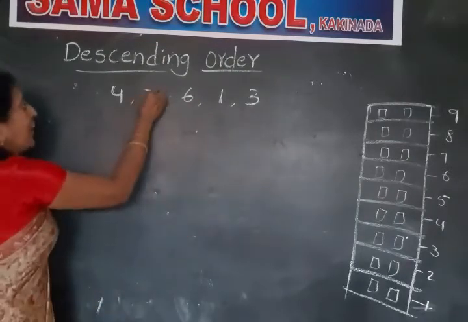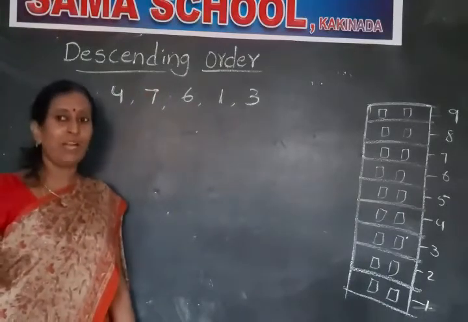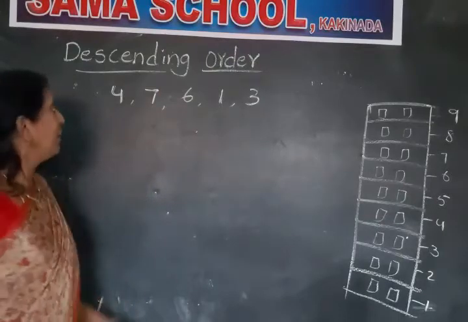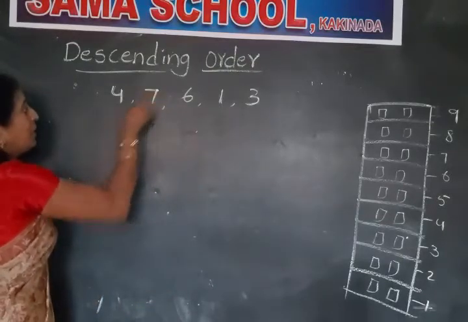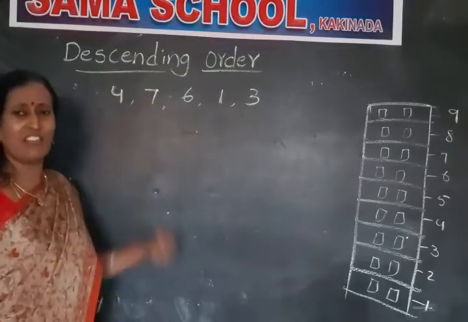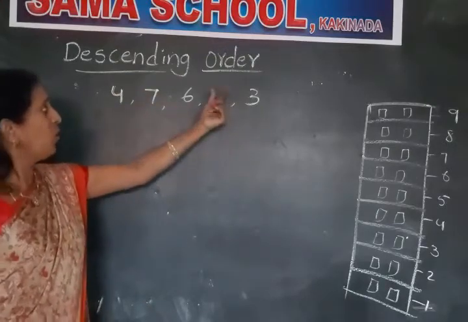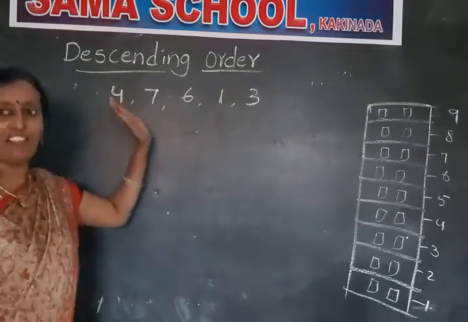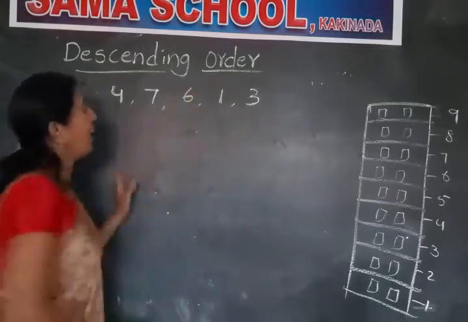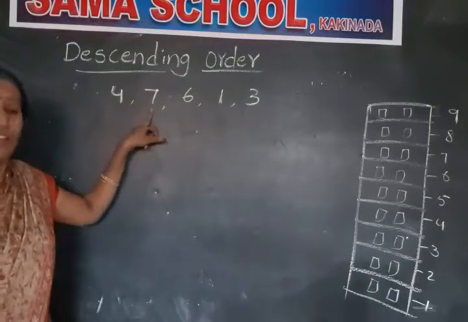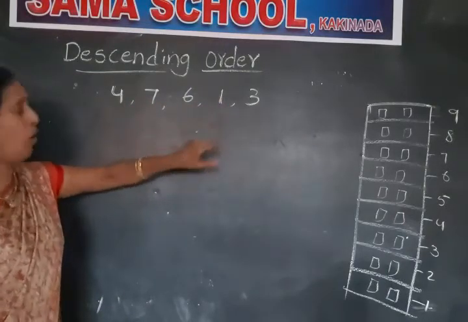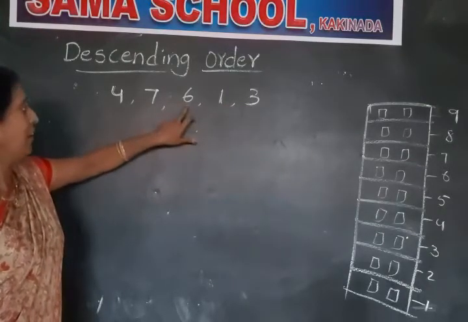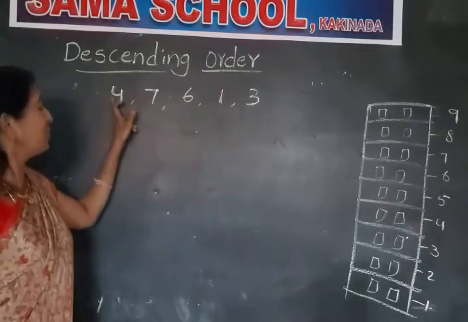Here, in these numbers, which is the big number? The after numbers are the big numbers. 7 is the big number. Why? Because 1 is small, and 3 is bigger than 1 but also small. 4 is bigger than 3.